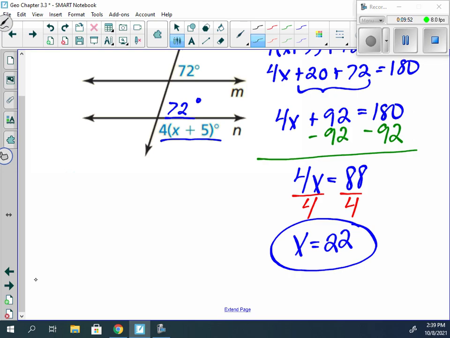If those two, 72 and that 4x plus 5, add to 180, why couldn't you take that 180 minus 72? Yeah, that's fine. What did you get for 180 minus 72?